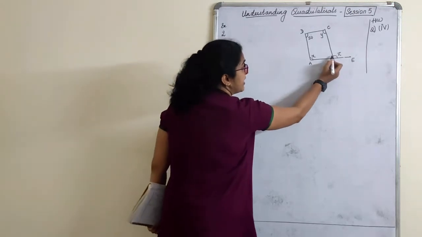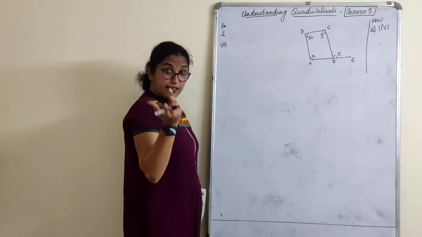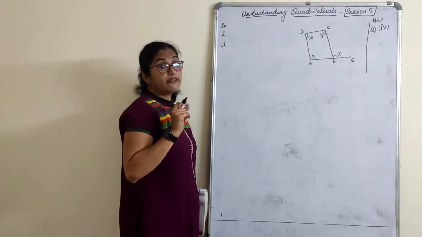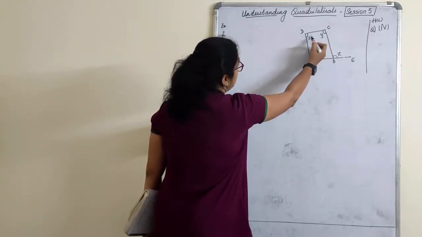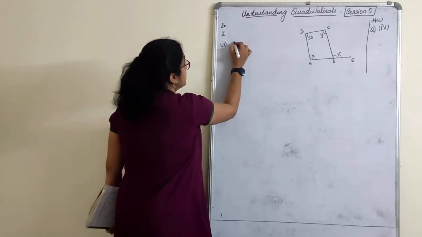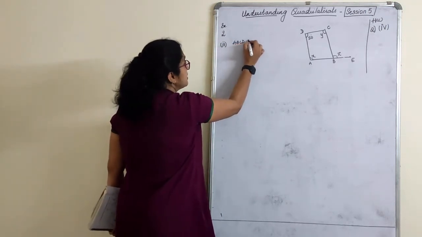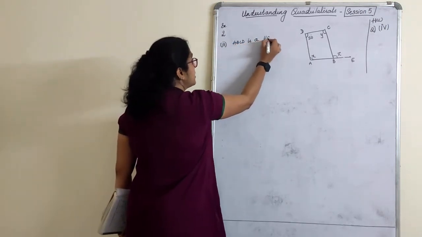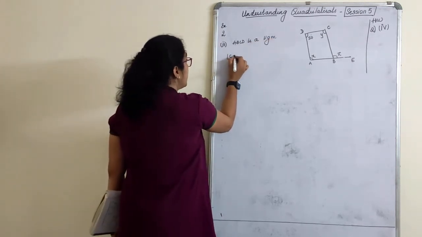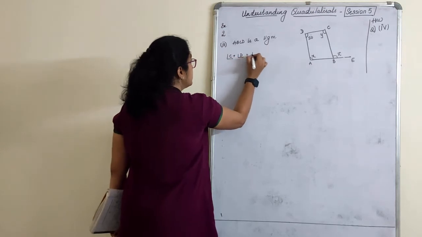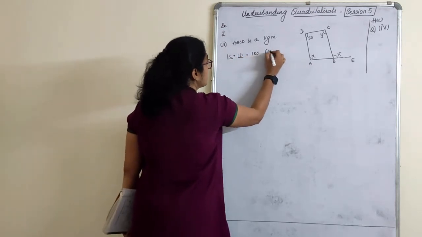Now Z angle, again linear pair, we know that we can also find. Otherwise there is another angle rule which I will teach you. First write ABCD is a parallelogram. Always mention this. Then directly you can say angle C plus angle D is equal to 180.